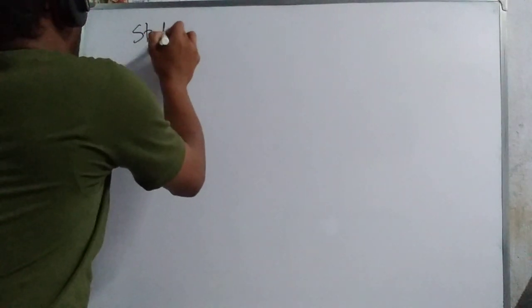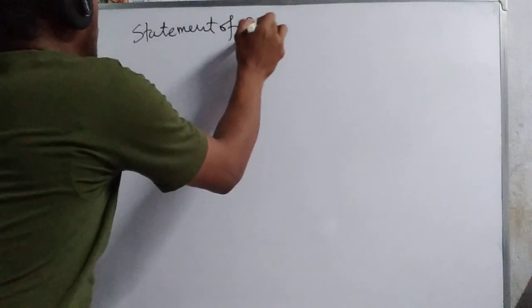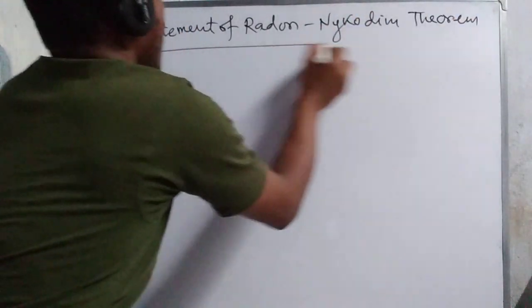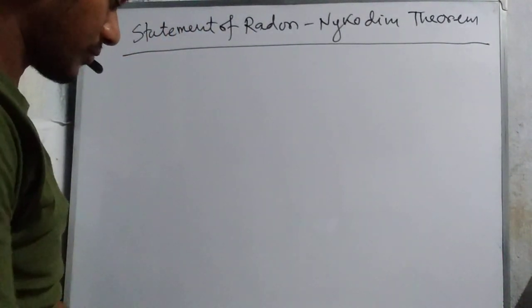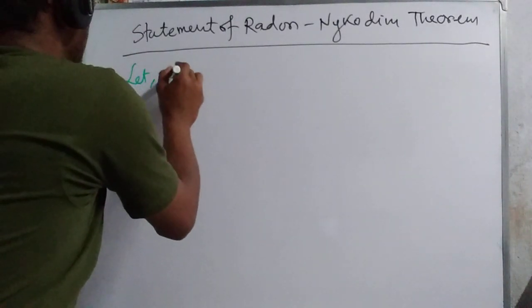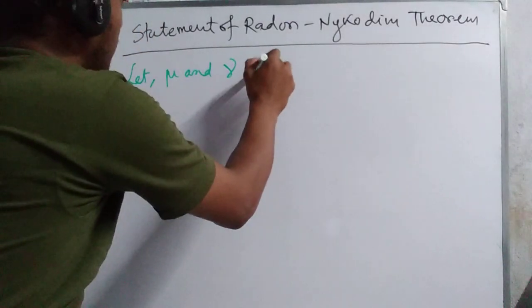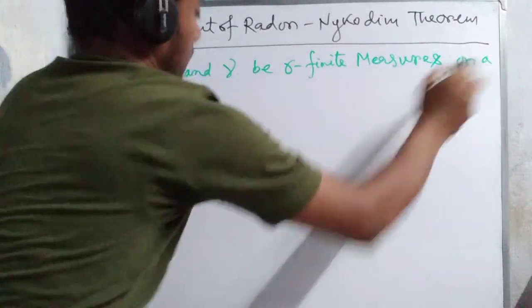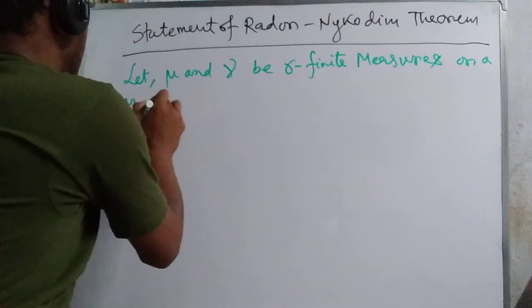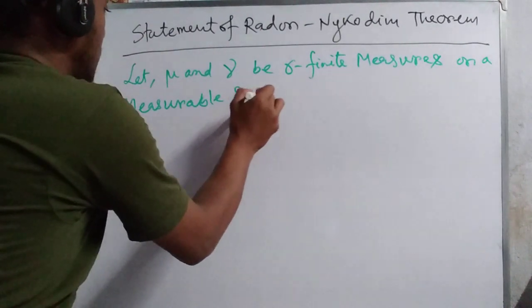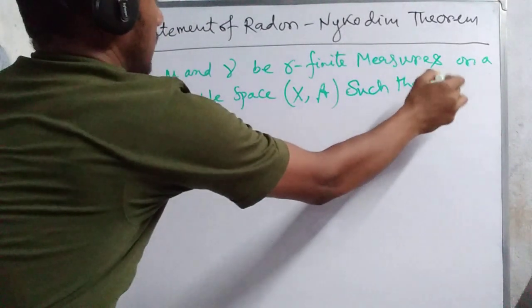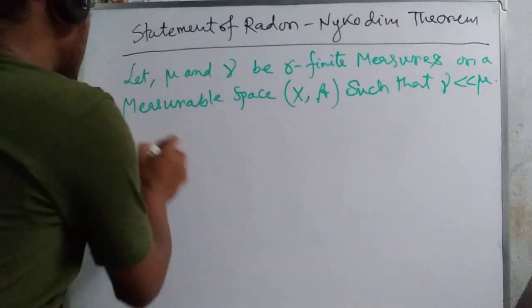Okay, we just read the statement of Radon-Nikodym theorem. Let μ and γ be σ-finite measures on a measurable space (X, 𝒜) such that γ is absolutely continuous with respect to μ.